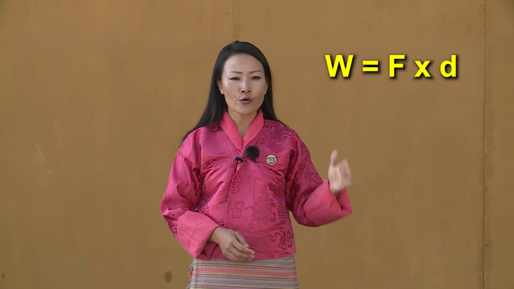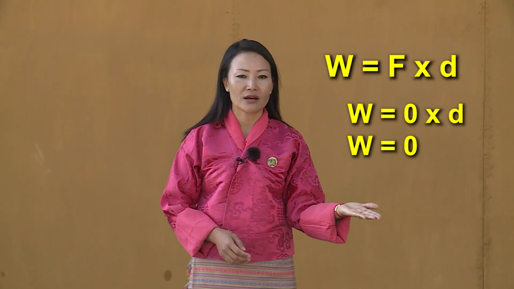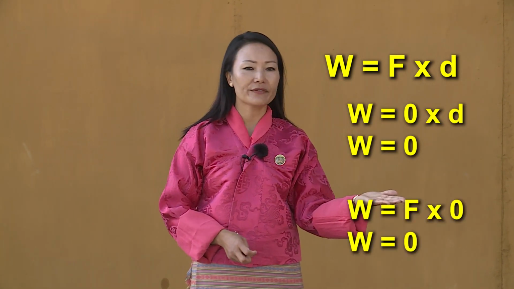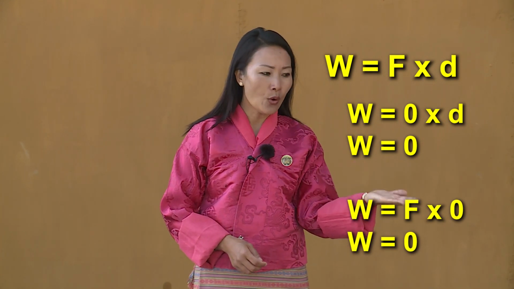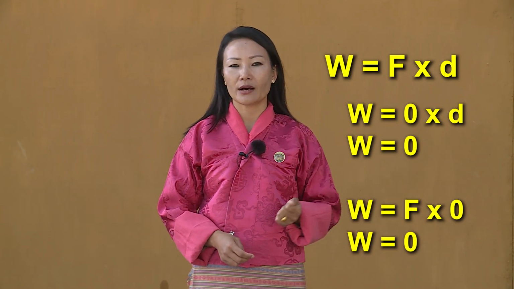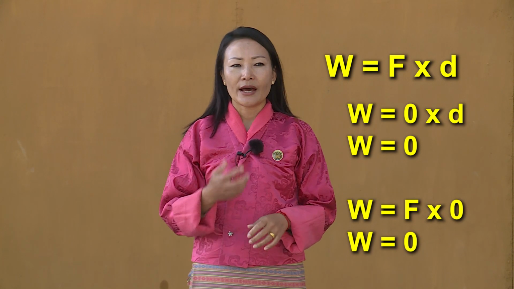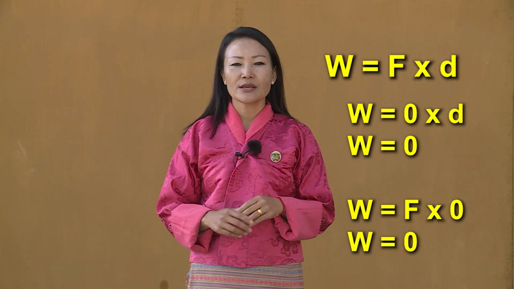And if either force is 0, work done becomes 0, or if the displacement is 0, work done also becomes 0. Now we're going to see what happens to work done if the force makes some angle theta with the displacement.